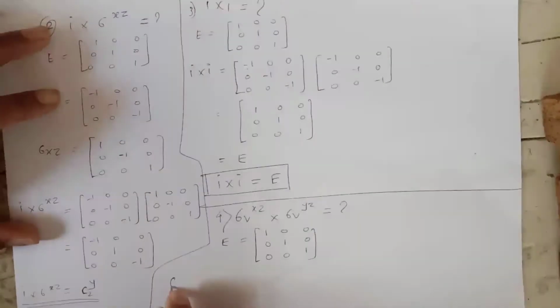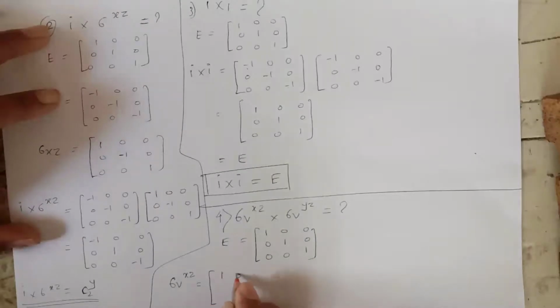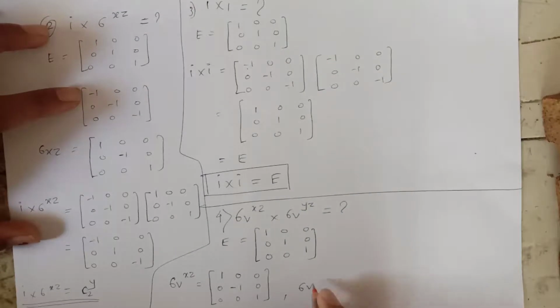When you perform sigma v xz on that matrix, y is negative and the remaining is as it is. So here 1 0 0 0 minus 1 0 0 0 1. When you take the sigma v yz, x is negative and the remaining is as it is: minus 1 0 0 0 1 0 0 0 1.